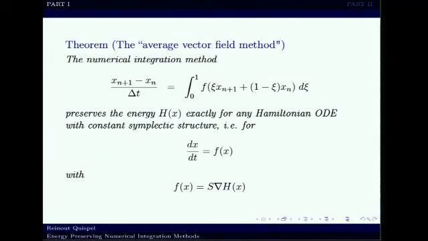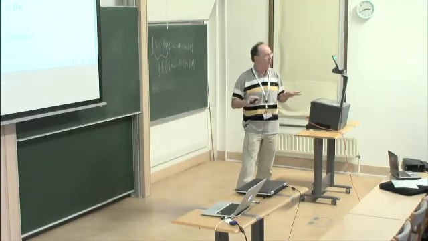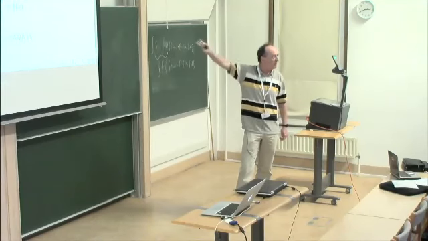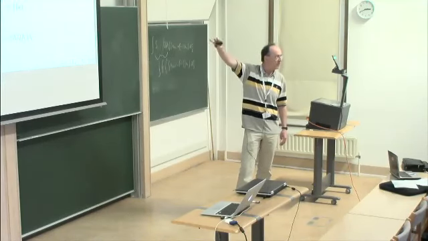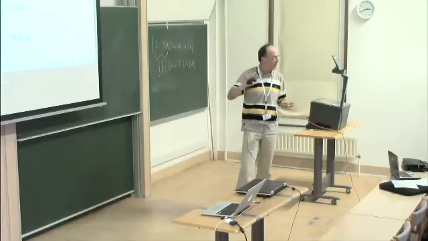But I can also apply this to dissipative vector fields. So now it turns out this numerical integration method knows sort of intuitively when it needs to conserve, when there's an energy to be preserved, right? I don't have to tell it what the energy is.